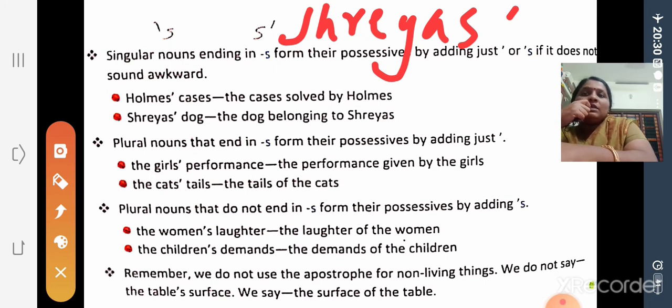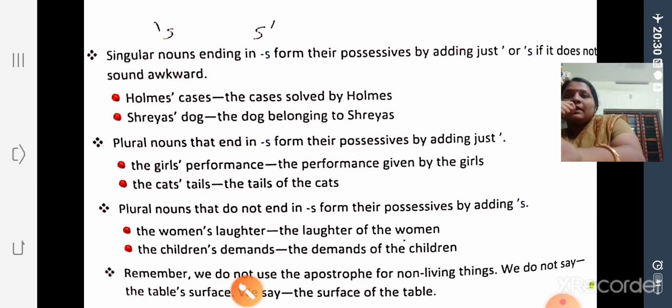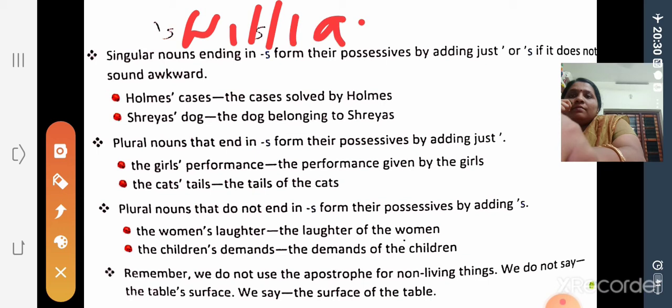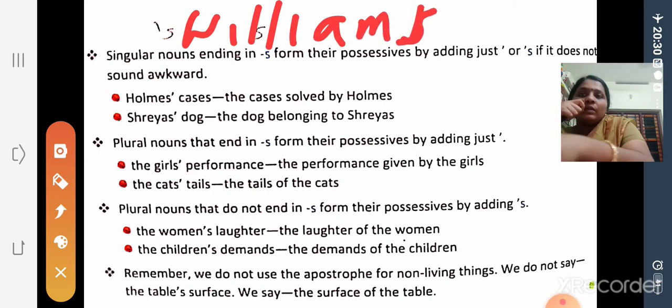So singular nouns ending in s form their possessive by adding just an apostrophe. Just add apostrophe only. Like Williams. Look at this name, Williams. Here this is a singular noun and it ends with the sound s.